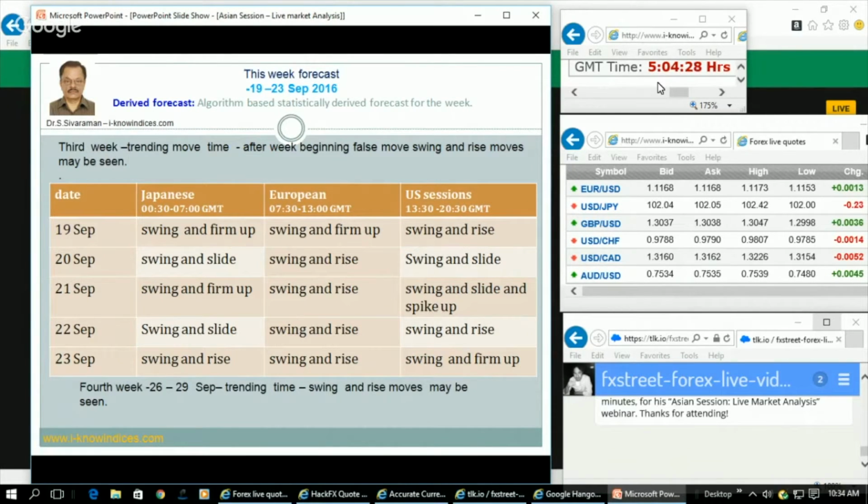Otherwise, you can go to i-noindices.com and you find local time as well as GMT time.